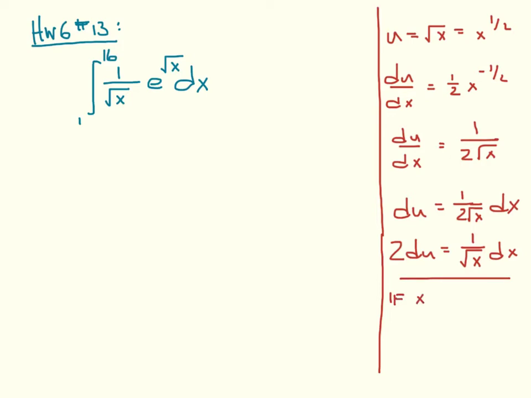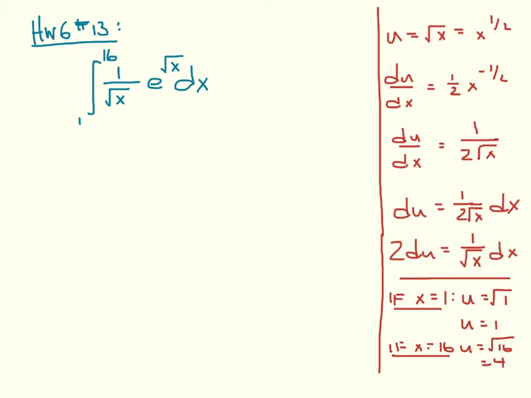If x is equal to 1, what happens with u? Well, u is the square root of x, so u is going to be 1. And similarly, if x is equal to 16, u is going to be the square root of 16, so u is going to be 4.